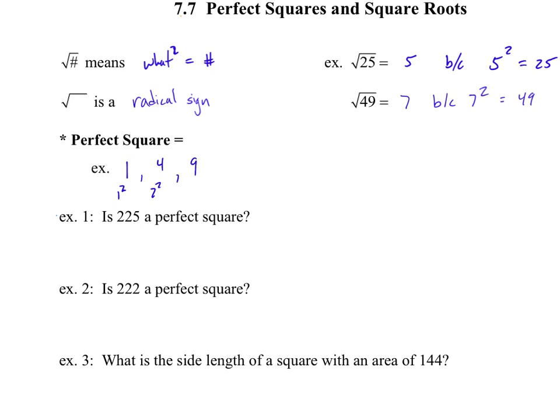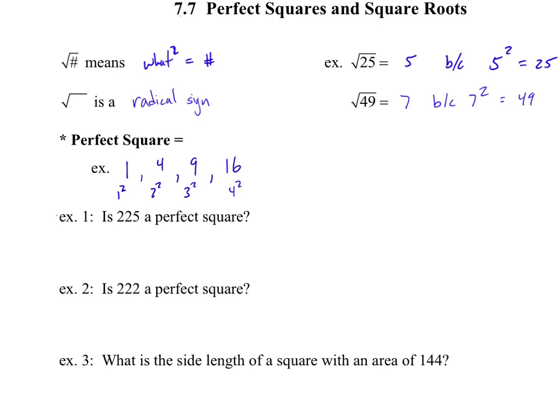The number 9 is a perfect square because 3 squared equals 9. Sensing a pattern? The number 16 is a perfect square because 4 squared is 16.